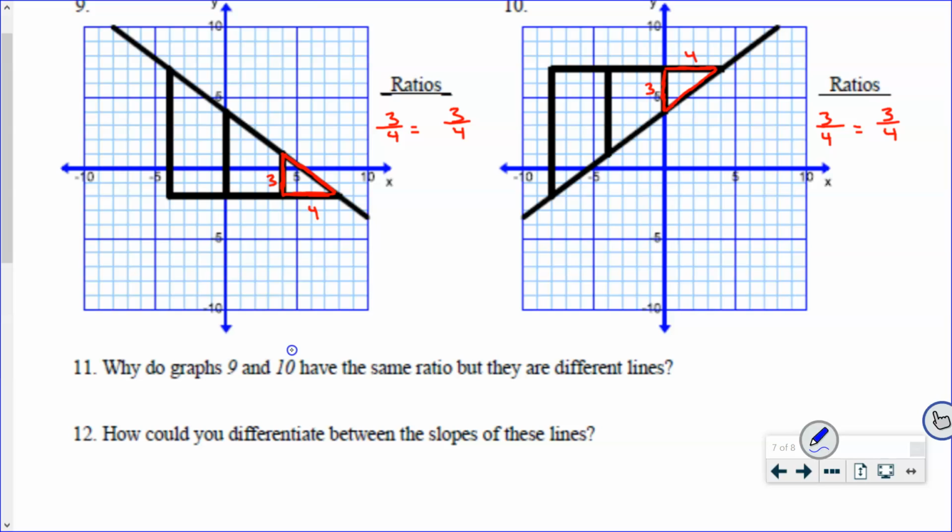What's different? I'll wait till we get a few more hands. Good, Cambry. Yes, you're right. The triangles are on different sides of the line.